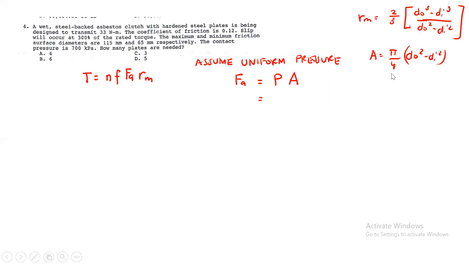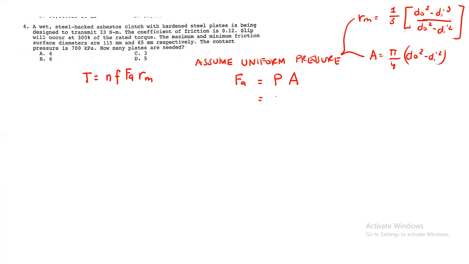Or 1/3 pala, no? 2/3 to rin na ilagay ko. So 1/3. 1/3 yan. So, ganyan yung ginagamit na mean radius at saka area kapag uniform pressure.